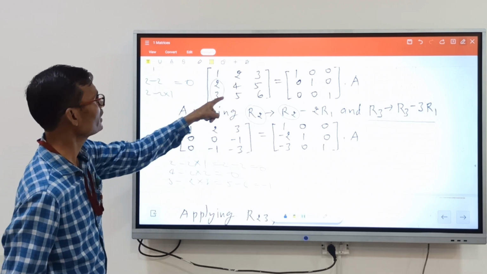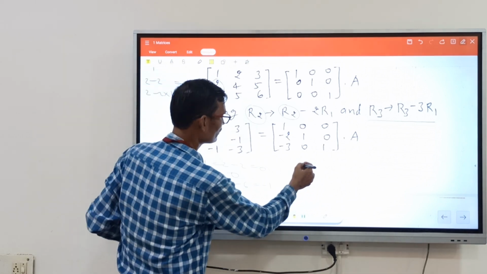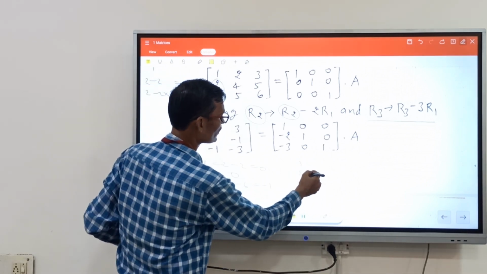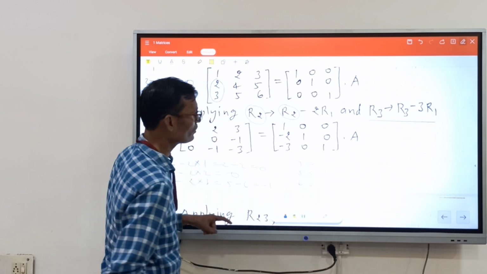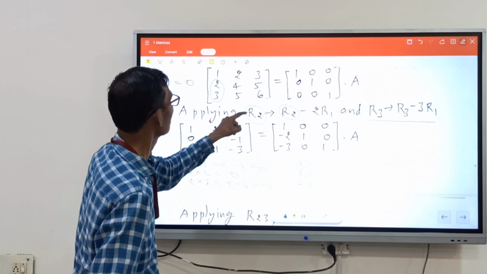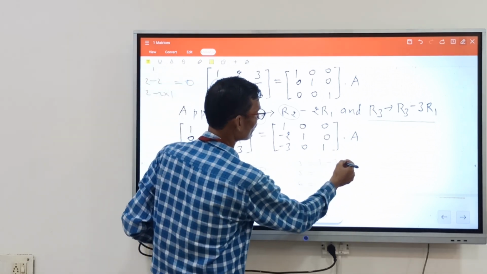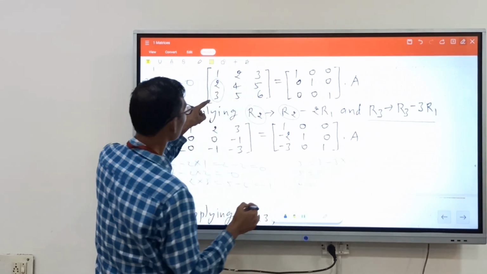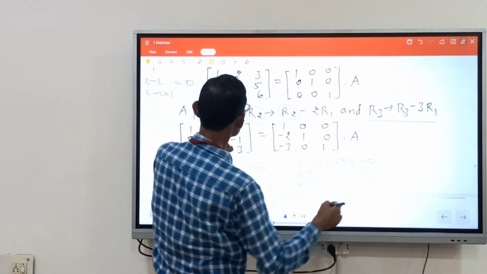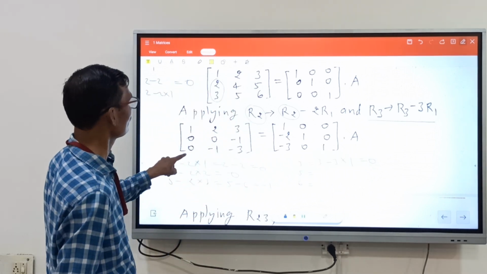Similarly, we can apply it on the right hand side, like 3, 5, 6. Suppose we have to convert 3, 5, 6. So what will we do? R3 minus 3R1. What is R1? 1. So this 3 will become 0.